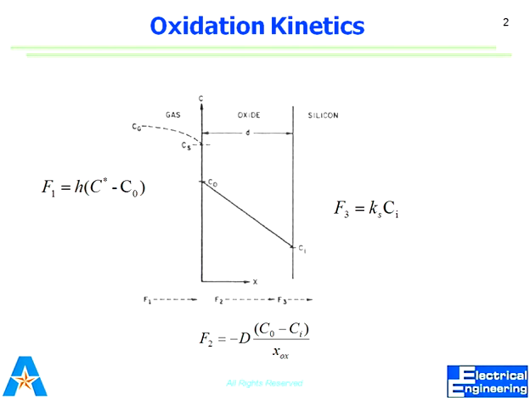So these are the three fluxes that contribute towards the oxidation of the silicon wafer, thermal oxidation. That means at high temperature, silicon and oxygen react together to form silicon dioxide. Any confusion up till here? There are three fluxes.